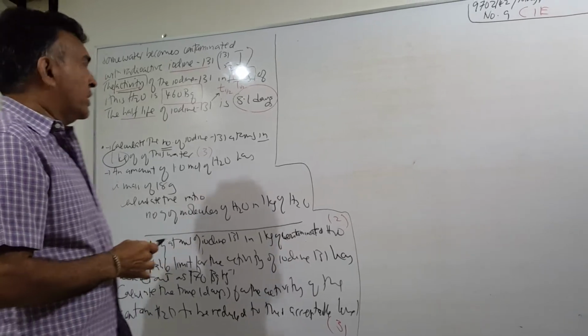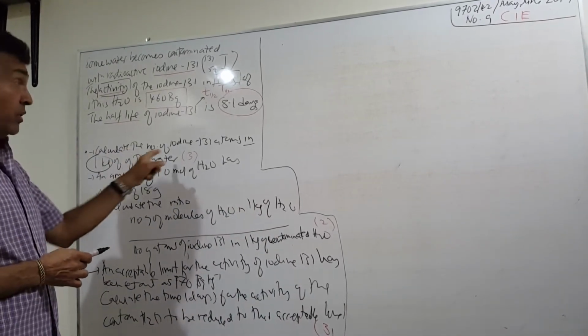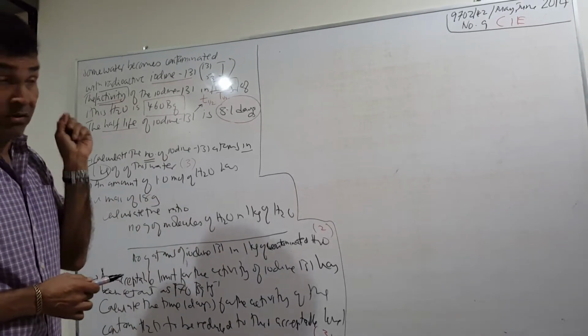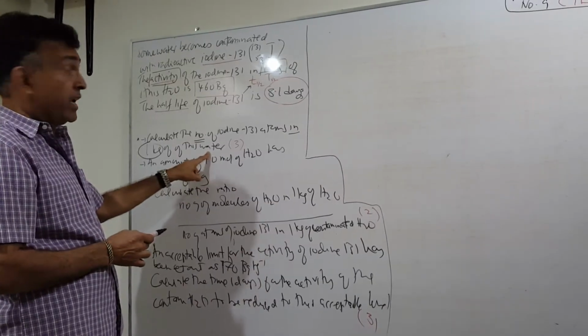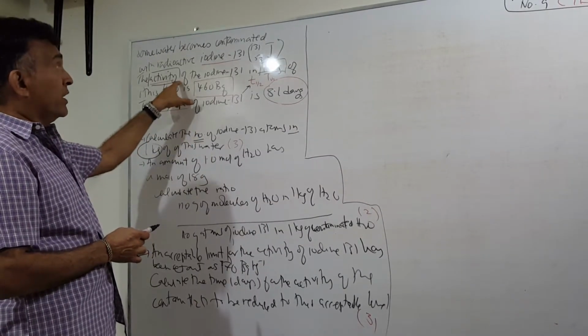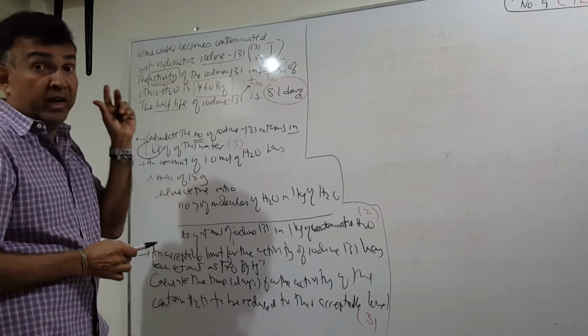Look up the question on the question paper itself. Let's start slowly. We're trying to find the number of iodine 131 atoms in 1 kg of this water. What is the activity of this 1 kg of water? You are told the activity is 460 becquerel. These are the numbers we need to keep in mind.